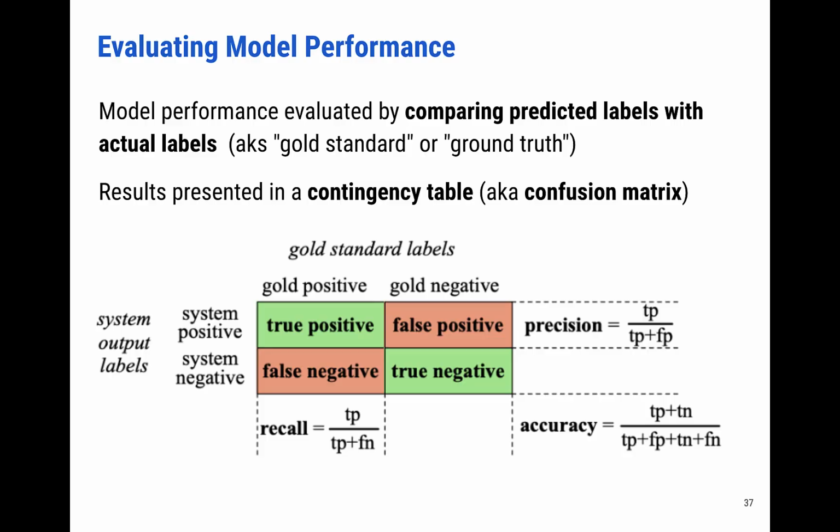So here you have on the vertical axis an opposition between the system output labels. That's the guess, if you will, of what your system predicts, whether it's positive or negative. And realize that positive and negative here just stand for any two values.